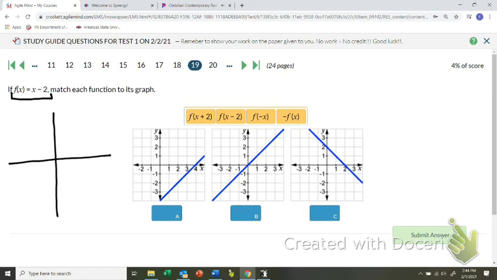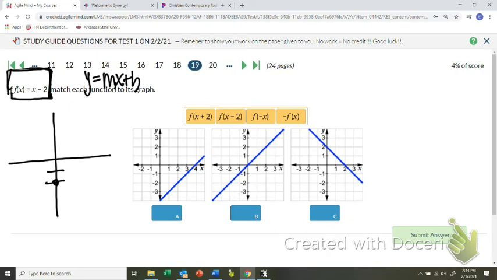Not -4. On this right here that I'm fixing to draw. Yep. So I got -2, and then what's my slope? It's not there, so if it's not there, it's just 1.